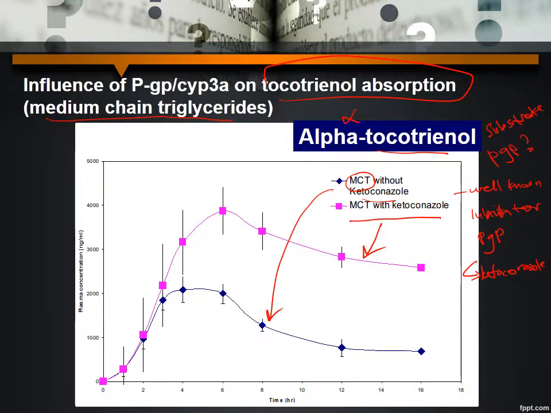In this case, we have identified that alpha tocotrienol is a substrate of PGP.